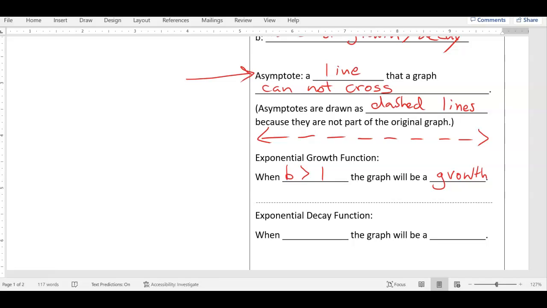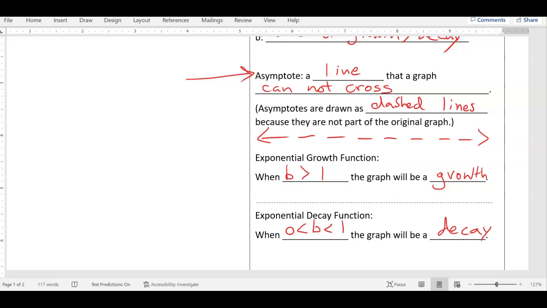Exponential decay, though, is going to be between 0 and 1. So 0 is less than b less than 1. Decay is less than 1, between 0 and 1. So you could have any decimals or fractions that are less than 1. Not negative, but positive. So for example, 0.3, or 1/2, or anything like that. Okay? Anything between 0 and 1 is going to be a decay function. Decay.